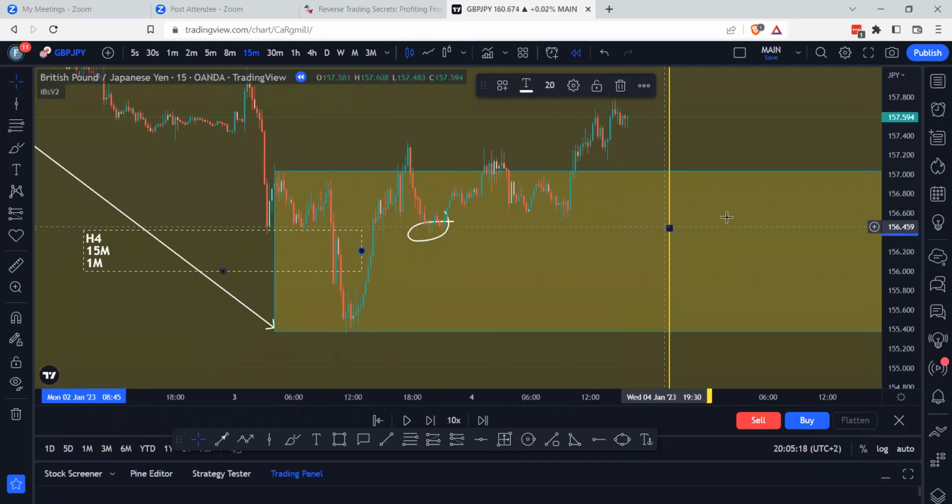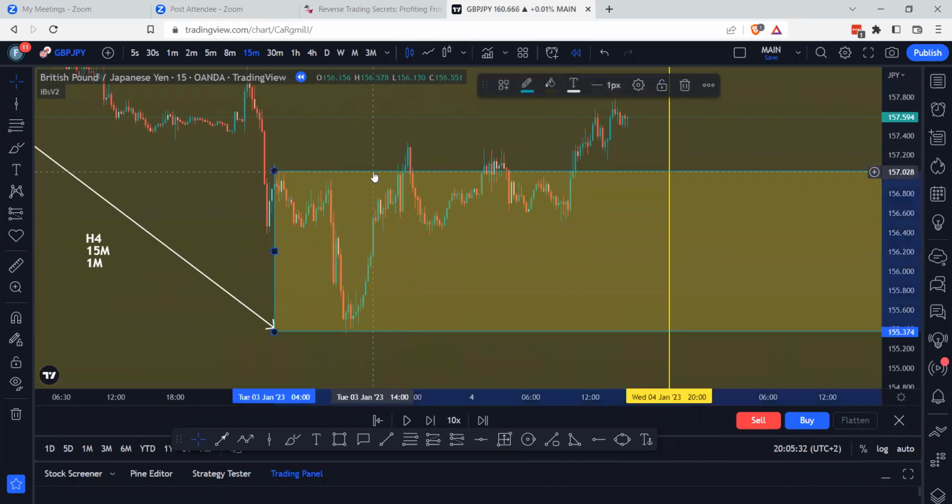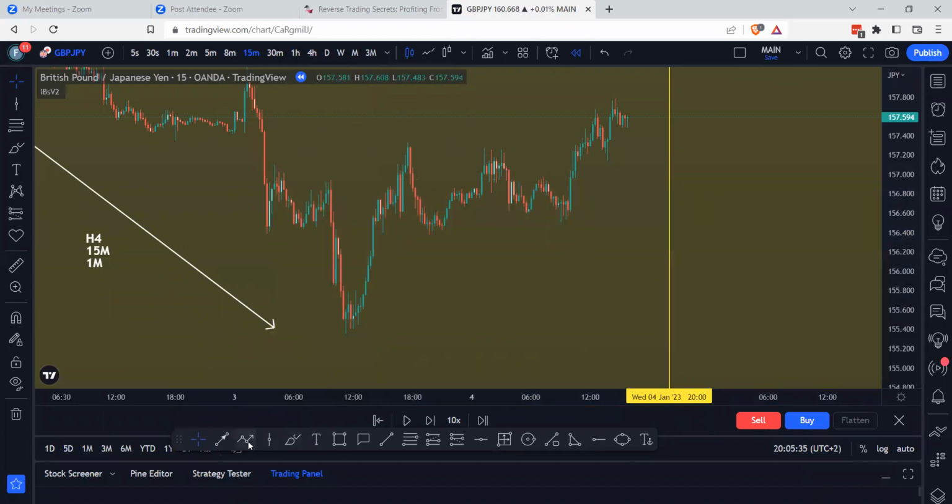For example, let me show you how this trade played out. If I'm looking at this particular setup on the 15 minutes, this would be the order flow shift that I'm waiting for.